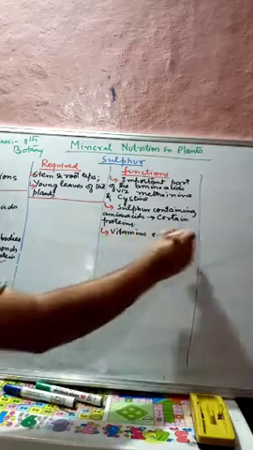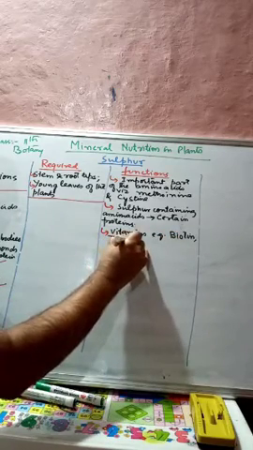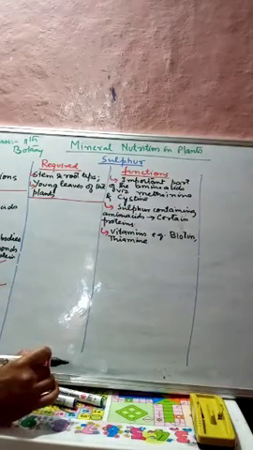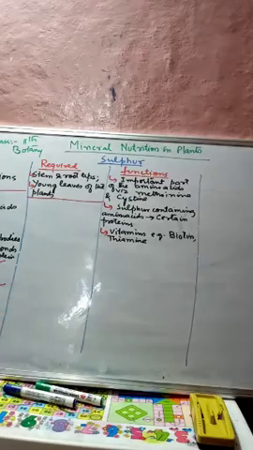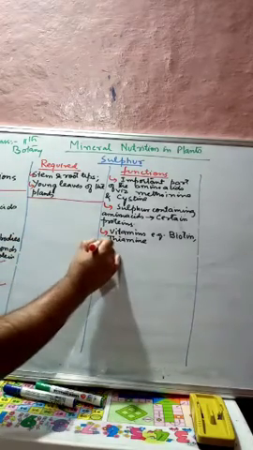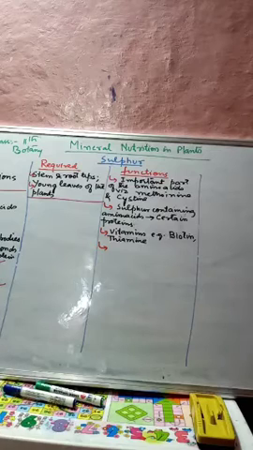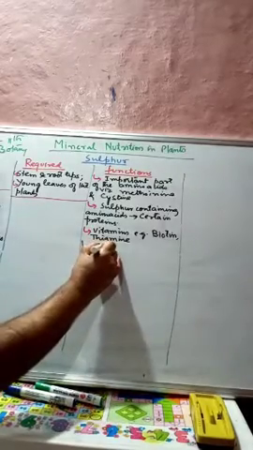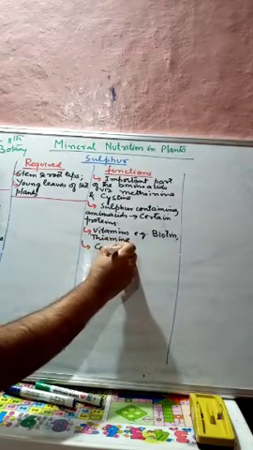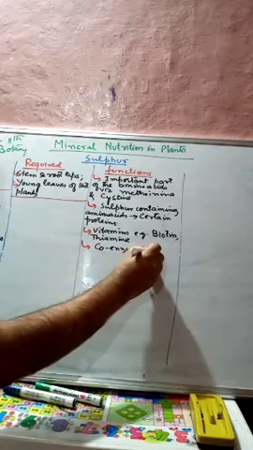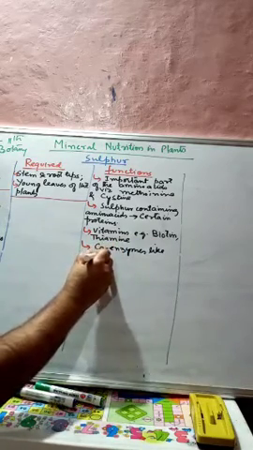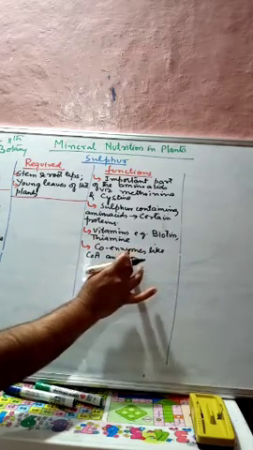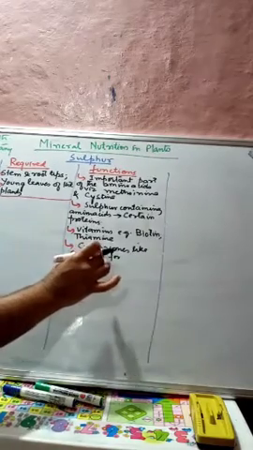Then there is one more, thiamine, where sulfur plays an important role. One more thing about sulfur: it plays an important role in coenzymes like coenzyme A and ferredoxin.